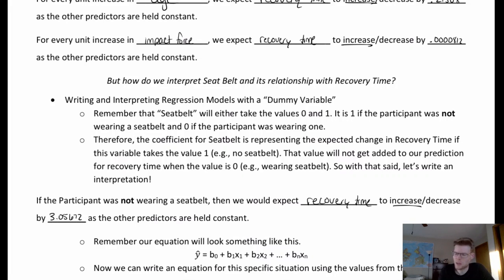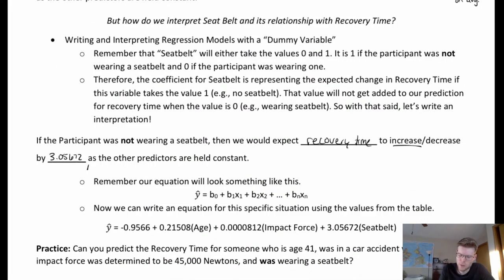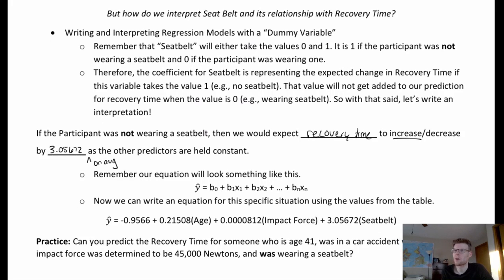Again, I really should be saying on average here to be super consistent, because with individuals it might be a little bit different from individual to individual, but this on average is what I'm observing, as the other predictors hold constant.